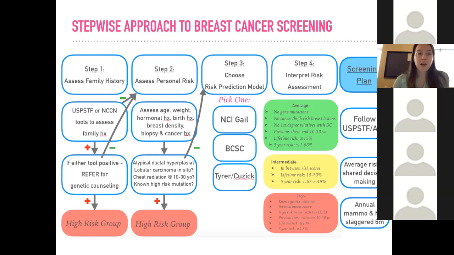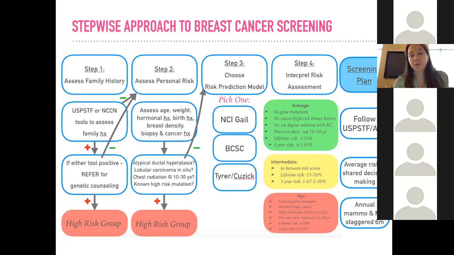The first thing is going to be getting a family history, and we can use those tools from USPSTF or NCCN, and those tools can help us get all of the details we need for an actual thorough, appropriate family history. If they do have any concerns or risks with their family history, then we would want to refer them to genetic counseling. If they don't have any of those things, if they don't have family risk, then we can move on to assessing their personal risk.